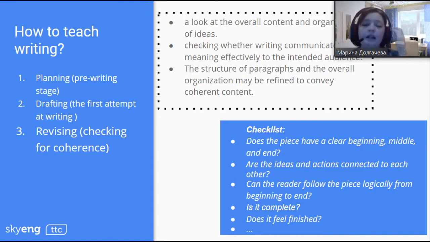A student needs to take a look at the overall content, the organization of ideas, checking whether communication is there, if everything is expressed effectively and to the intended audience again, and it is about structure. So you see the questions that can be included in the checklist, and I guess they are of much help, and you can use them with your students as well.